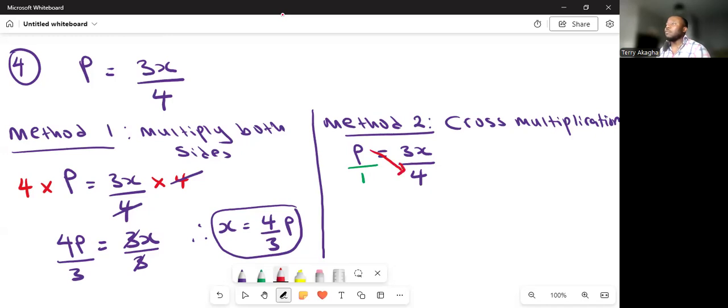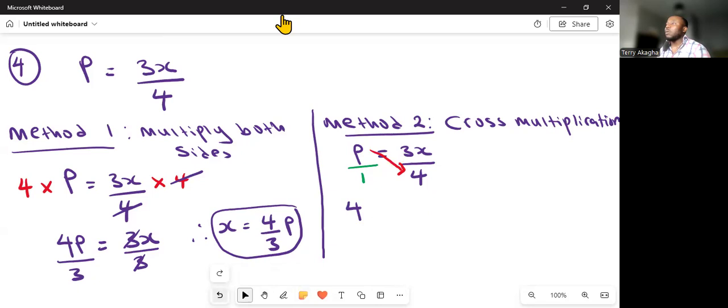P will multiply 4, and that will give us 4P. And then 1 is going to multiply 3x, and that will give us 3x, okay? So because students do take notes, I'm going to write it out clearly so that you will understand what I did.